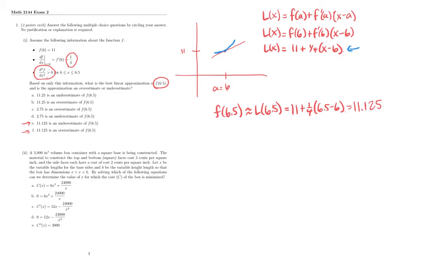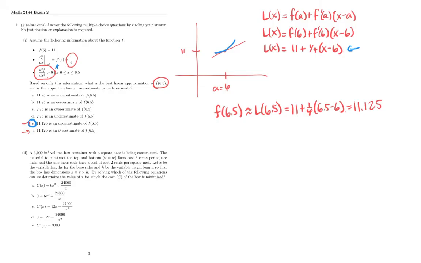So when I go from 6 to 6.5, the linearization at 6.5 is going to be below the actual function value. So I can say that the linearization is an underestimate of f of 6.5 because the linearization is going to be below the function value because of the concavity.